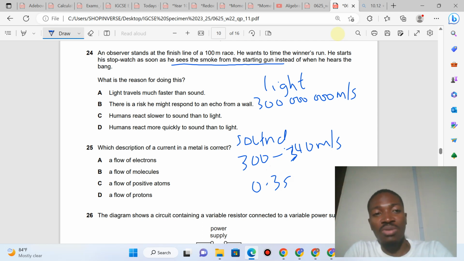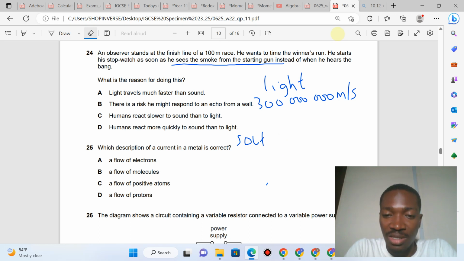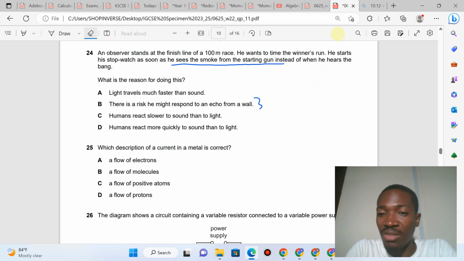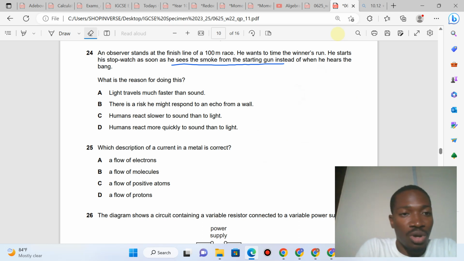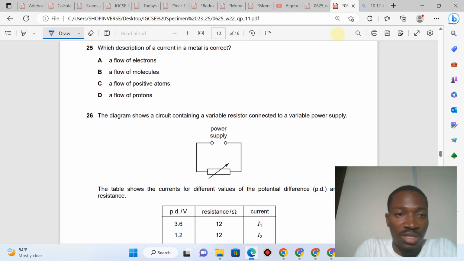So in order to avoid this error, he's using light rays, that is when he sees the smoke. Seeing the smoke involves light rays, and hearing the bang involves sound. So option A, light travels much faster than sound, is the correct answer. I don't need to check the rest.